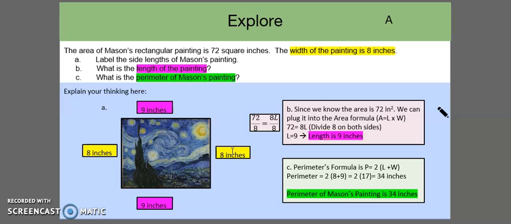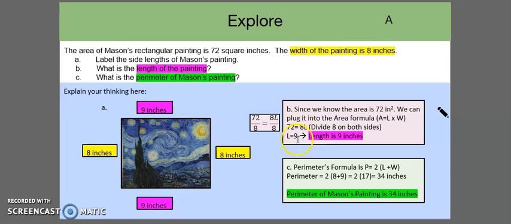To figure out the length, we can use the area formula. Since we know the area is 72 square inches, we plug it in. Area equals length times width. The area is 72 and the width is 8, so the length L is missing and that's what we solve for.